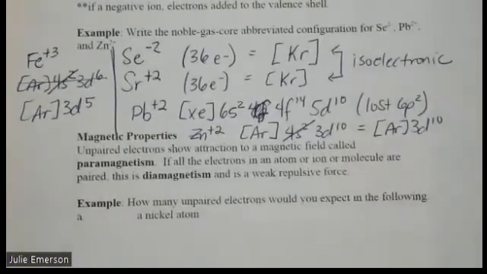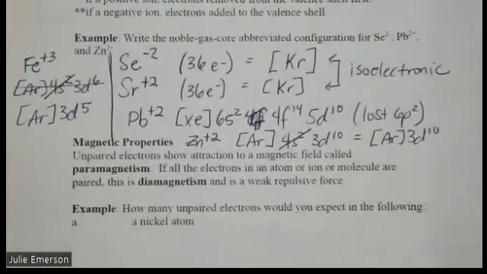Now, magnetic properties, this is going to ask us to look at whether or not the electron, the orbital diagram, those are the arrows, are paired or unpaired. And I have to tell you, it's a simple mistake, but I made it when I was a student because I wasn't paying close enough attention. In my mind, I think para would mean paired, and it's not.